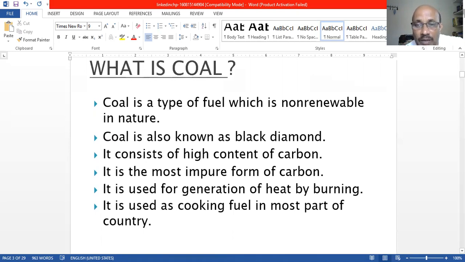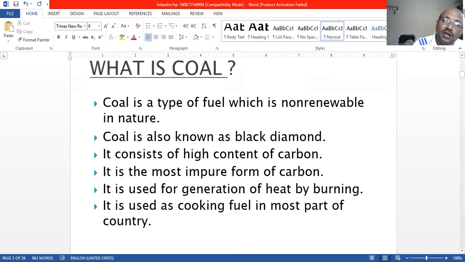What are the types of coal? Peat, lignite, sub-bituminous coal, bituminous coal, semi-bituminous coal, semi-anthracite coal, anthracite coal, super anthracite coals.